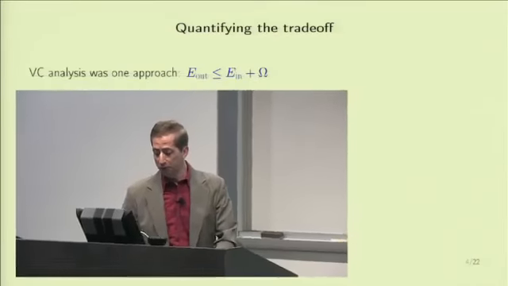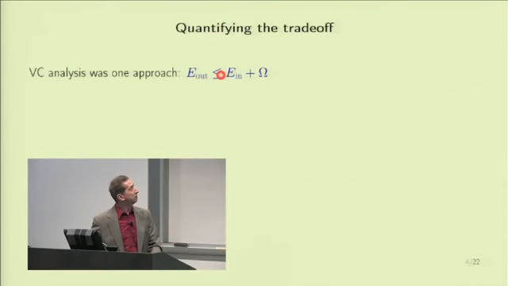So let's try to fit the VC analysis in it, and then fit the bias-variance analysis in it before we even know what the bias-variance analysis is, in order to see where we are going with this. So we're quantifying this trade-off. And the quantification in the case of the VC analysis was what? It was the generalization bound.